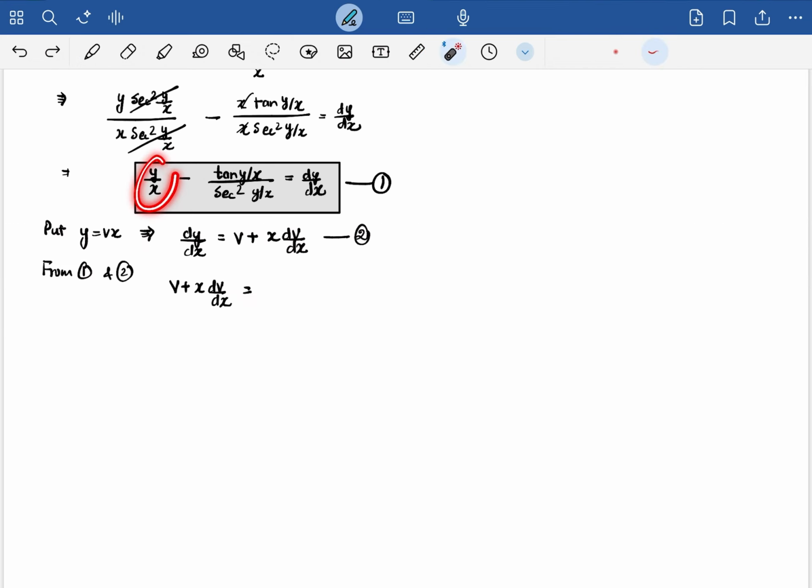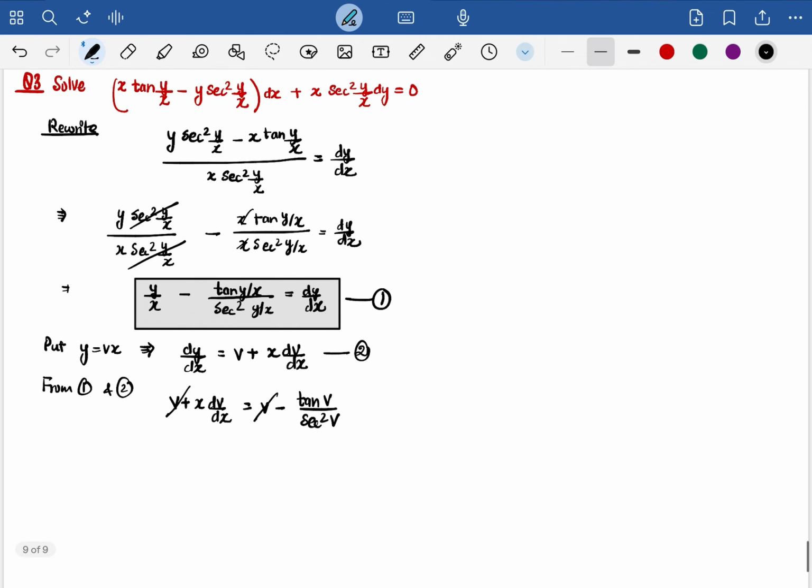Now replace y by x with v. So can we say v minus tan of v divided by sec square v. Again if you look, v and v will be getting cancelled. So if you look at your solution, can we say x dv by dx is equal to minus tan v over sec square v.